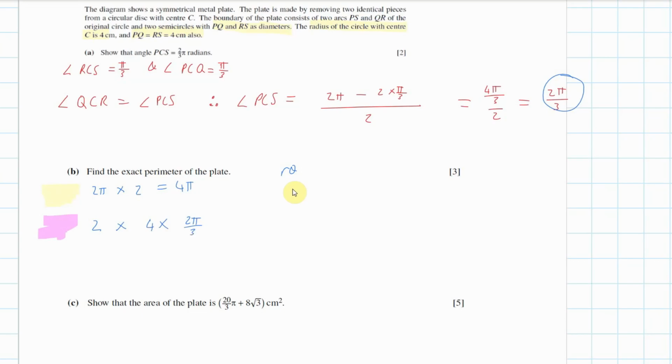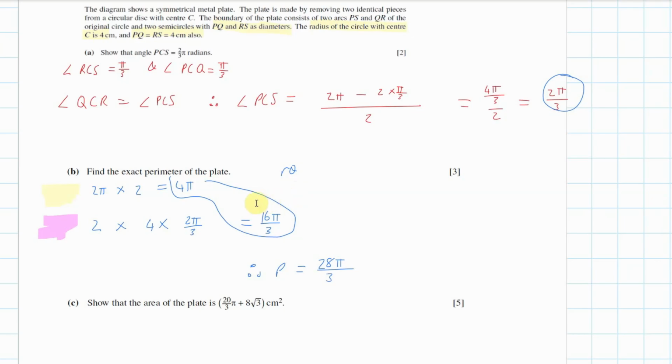And this will give us 16 pi over 3. And then if we add them all together, therefore P equals, now we can say, well, 4 pi is like 12 pi over 3, so it's 28 pi over 3 is an exact perimeter.